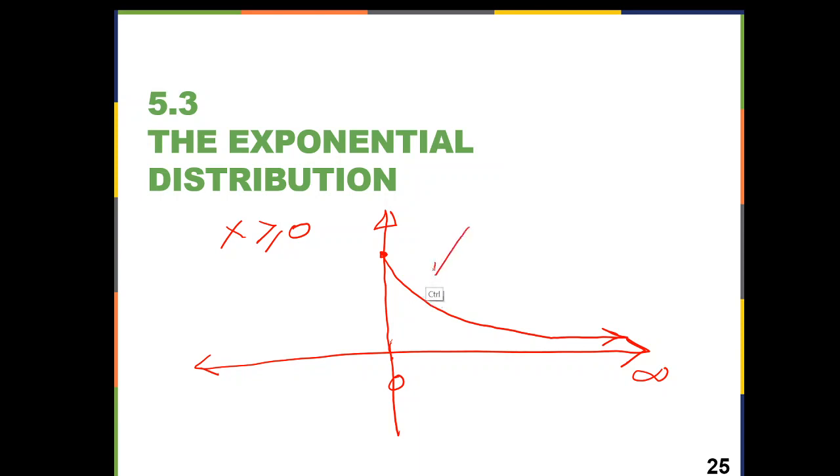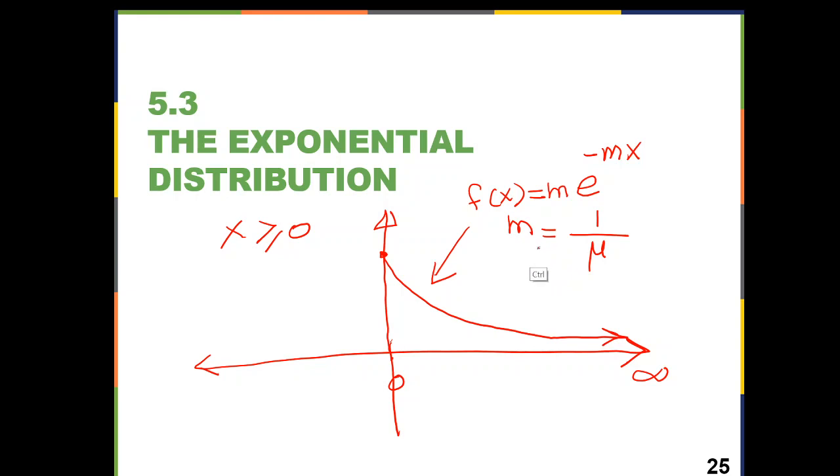And this f of x is given, you ready, by m times e to negative mx, where m is defined to be 1 over the mu of the distribution, so the mean of the distribution.